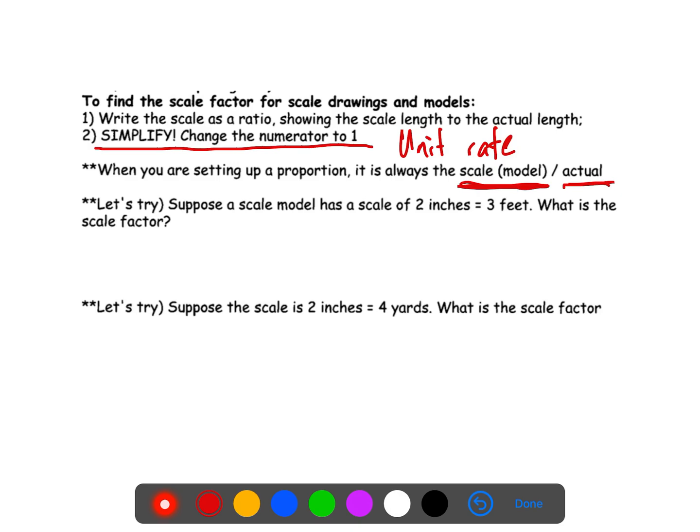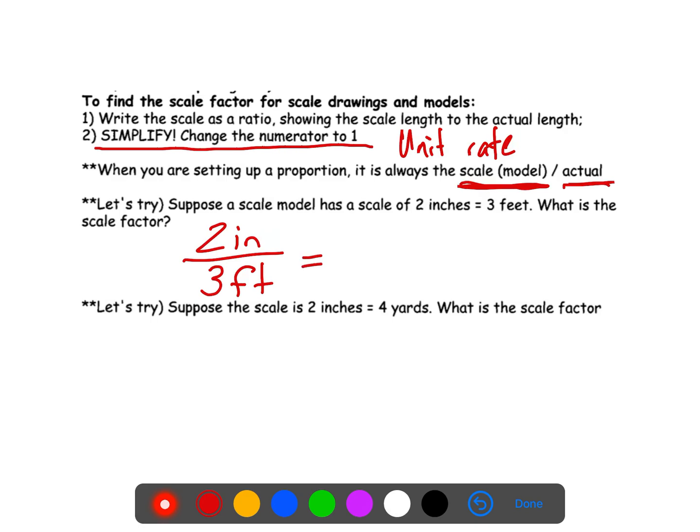So if we look at the example here, with a scale of 2 inches equals 3 feet, I would write the scale measurement, the first measurement, over the actual measurement here. Now to get a scale factor, I want to simplify that.